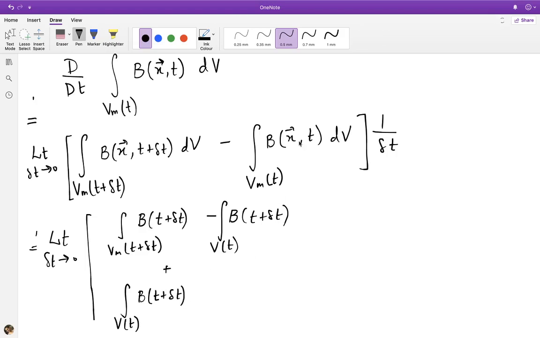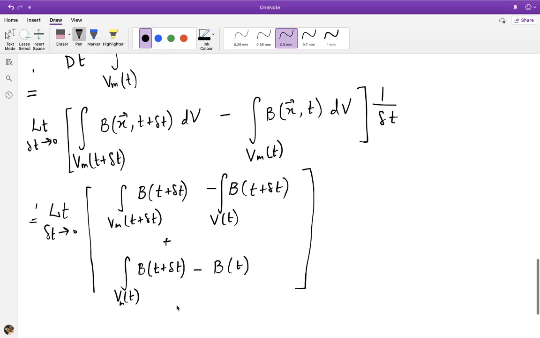Then I have this term left over, which has the same integration Vm at t, same limits of integration, so I can include it there. Of course, I have the elemental volumes everywhere; I just suppressed them for notational simplicity.